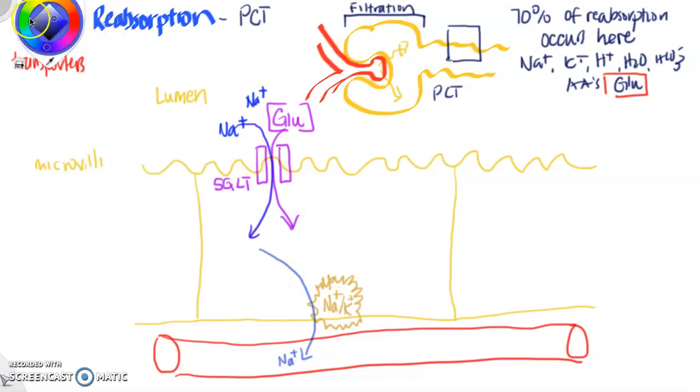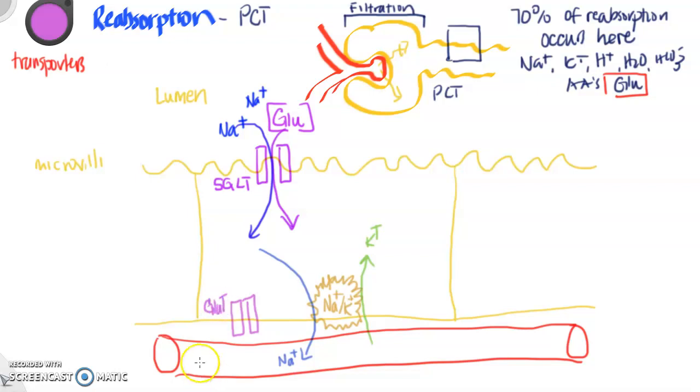And a little green for this. We've got a little potassium coming in because that's what the sodium-potassium pump does. And then down here on the membrane, we have another transporter called GLUT.